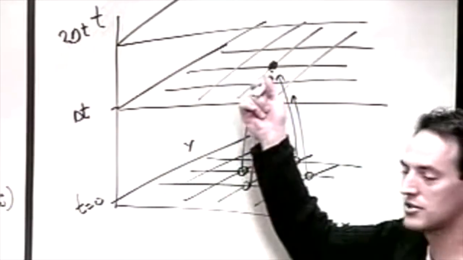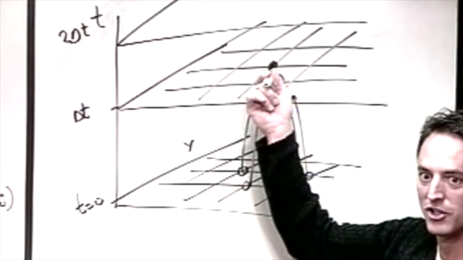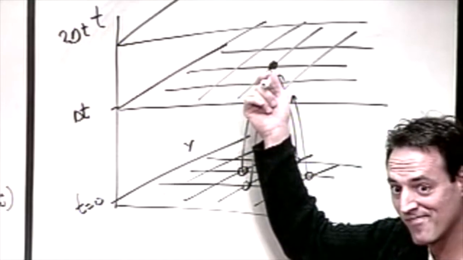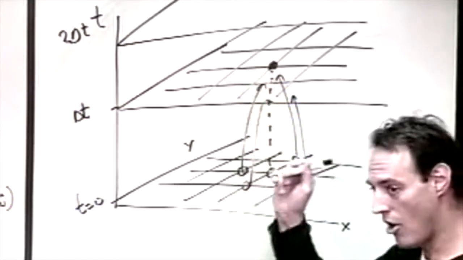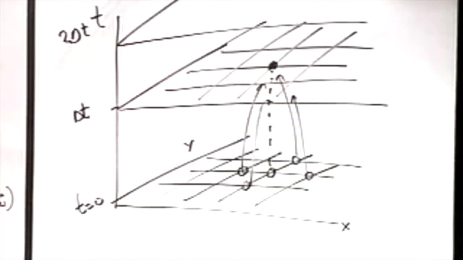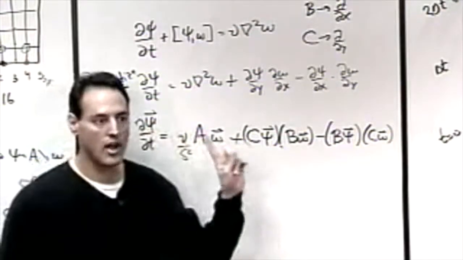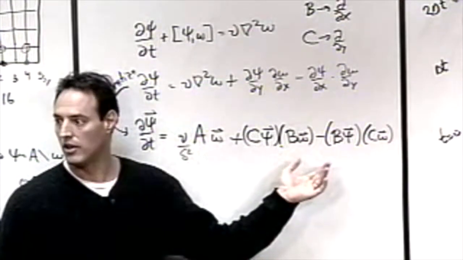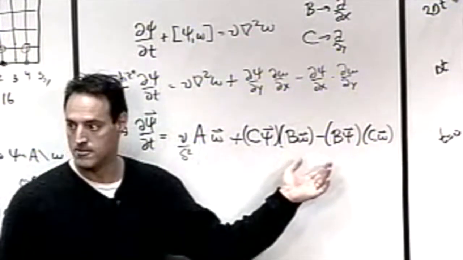Every time you do this, when you get this updated solution, you have to go back and solve for the new stream function. So notice the operation count. From here to here, with A, B, C, all you're doing is matrix multiplication, which is a fairly straightforward operation.